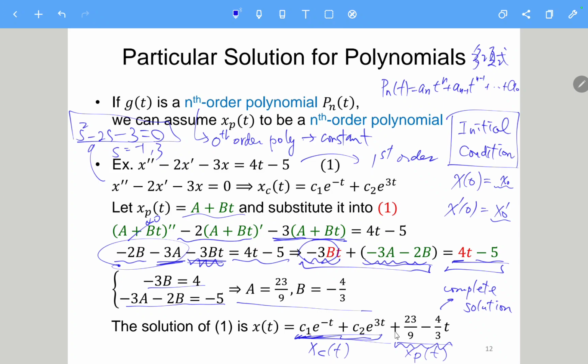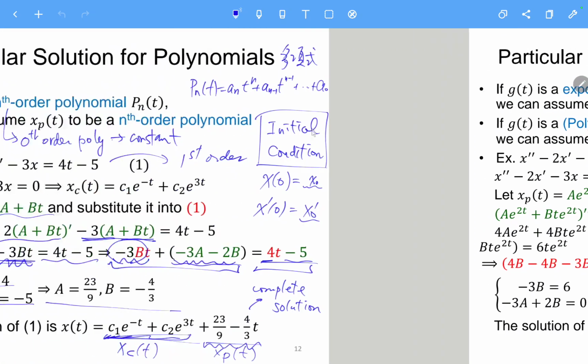And then you may be able to solve for the unique complete solution. Here we have infinitely many complete solutions. For any numbers C1 and C2, they are all solutions of this equation. But if you have the initial condition, then you can determine the unique complete solution.